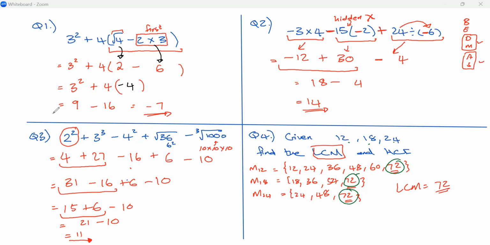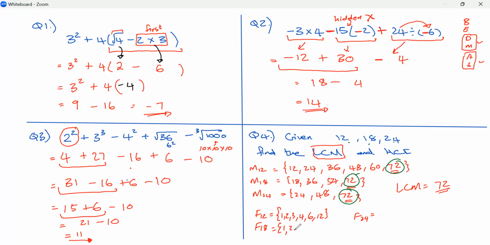Okay. Now the highest common factor, I find the factors of 12, the factors of 18, and the factors of 24. Factors are numbers that divide into the number. So that's 1, 2, 3, 4, 6, 12.